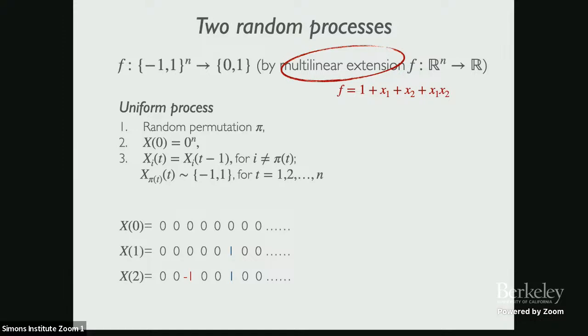So we will only use 0, 1, -1. This is the minimum possible way to go inside the Boolean cube. And when we expose a variable, it's going to be set to 1 or -1 with equal probability. So is this process clear? Any questions?